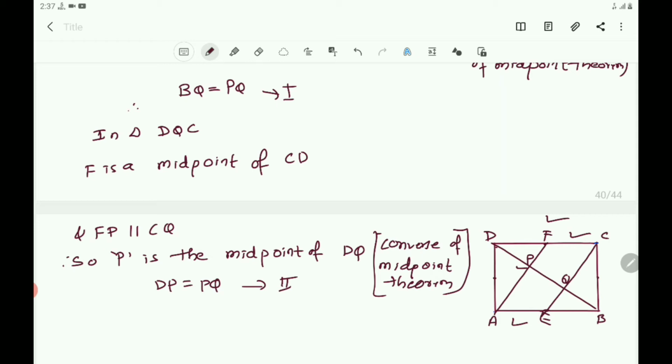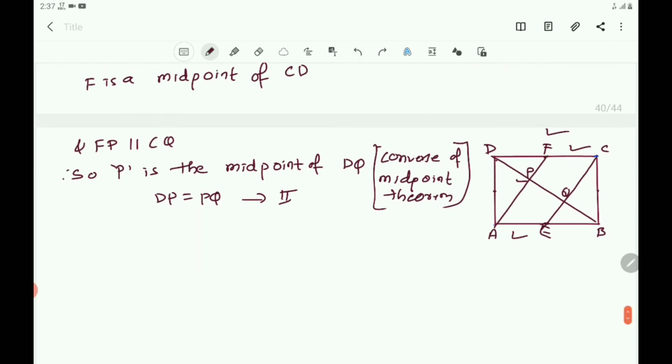Therefore you can say that PQ equals DP equals BQ. So from first and second you can write BQ equals PQ equals PD.